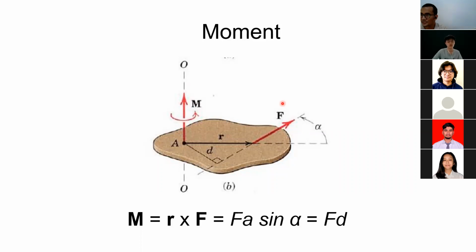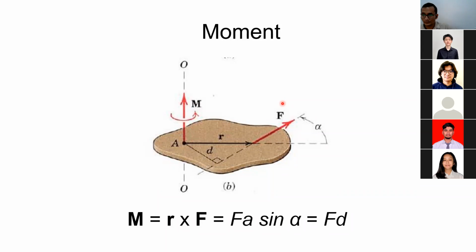There are two things: distance and the amount of force. Yeah, correct. So when we talk about moment, there are two things which will affect its magnitude. The first one is the magnitude of the force itself, and the second one is the distance of the force from the center of rotation.